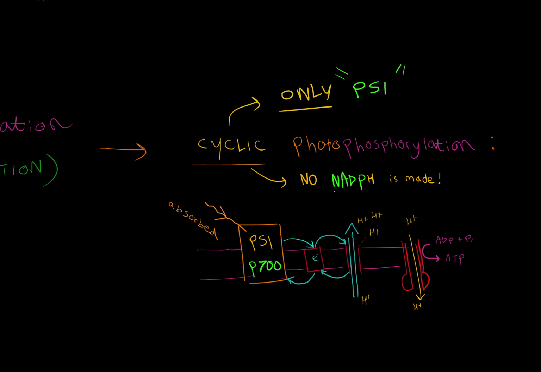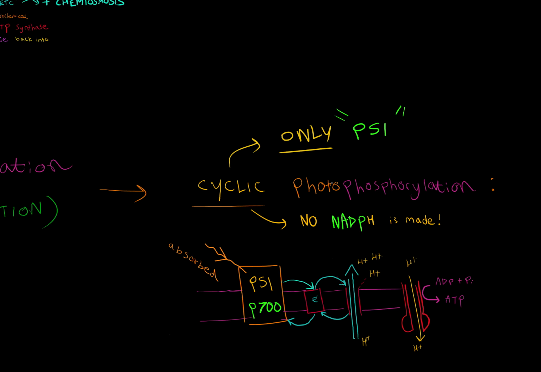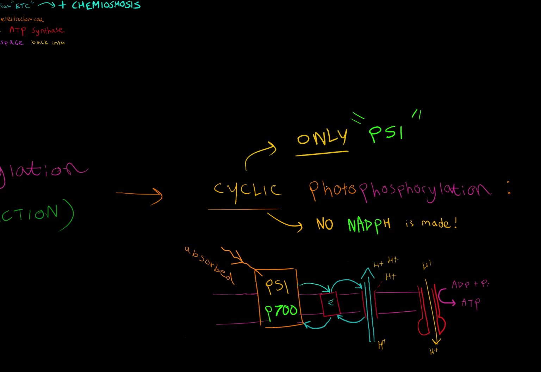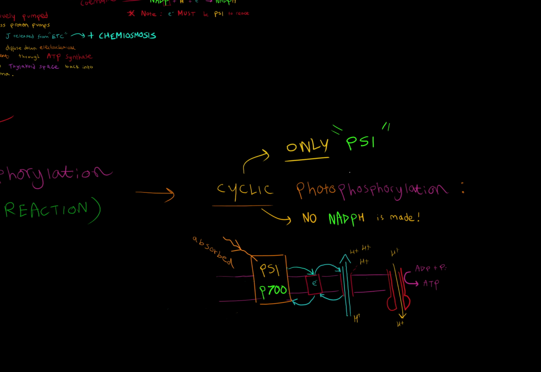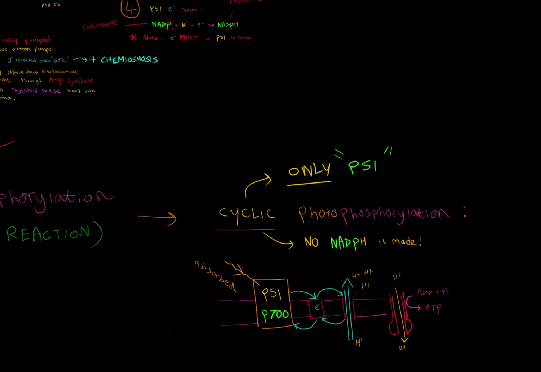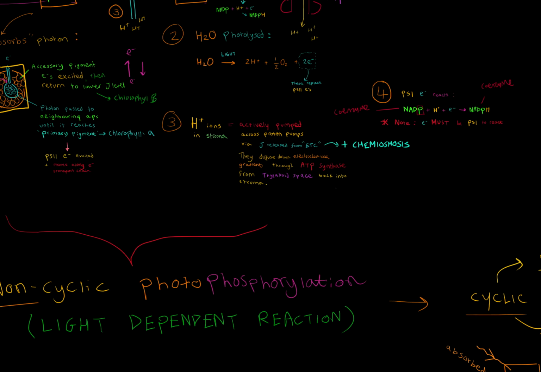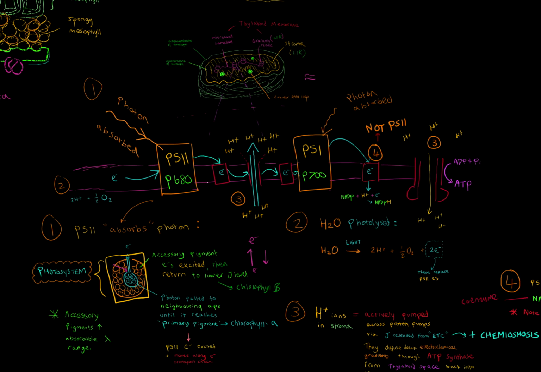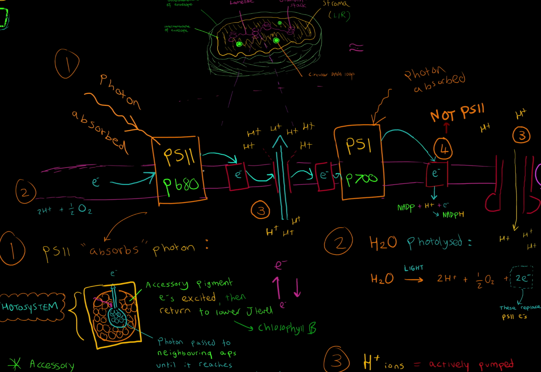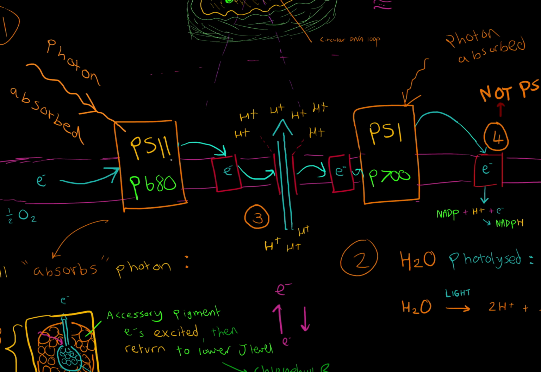But ultimately, a very common question that I've seen come up multiple times is the explanation of whether PS1 is more important than PS2. If we look at our photosystems, which one of these two is the more important team player?